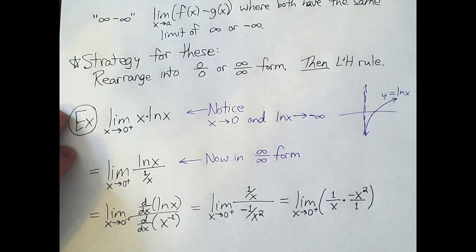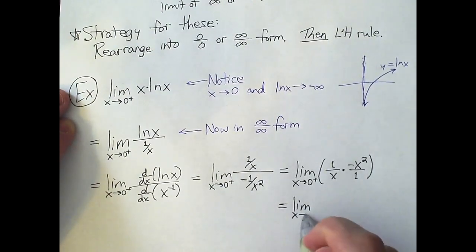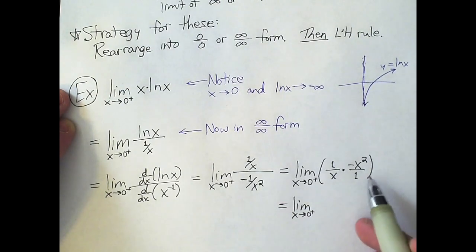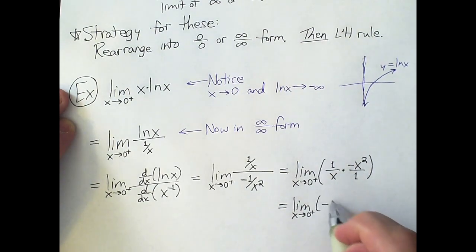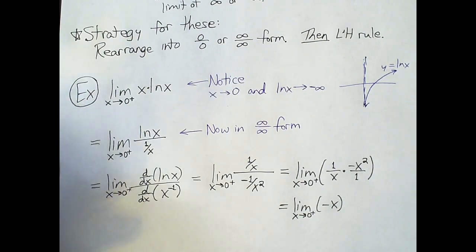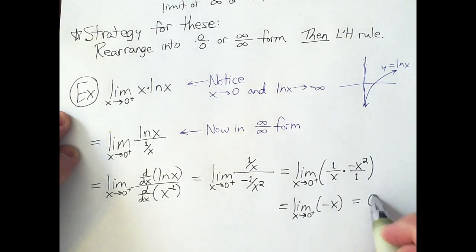That helps me see that we have a lot of things that cancel out. The 1 over 1 is gone. The x squared over x is going to just leave me with x, and there's a minus in front of it. So I have this. And what happens to negative x as x approaches 0 from the right? It approaches 0.